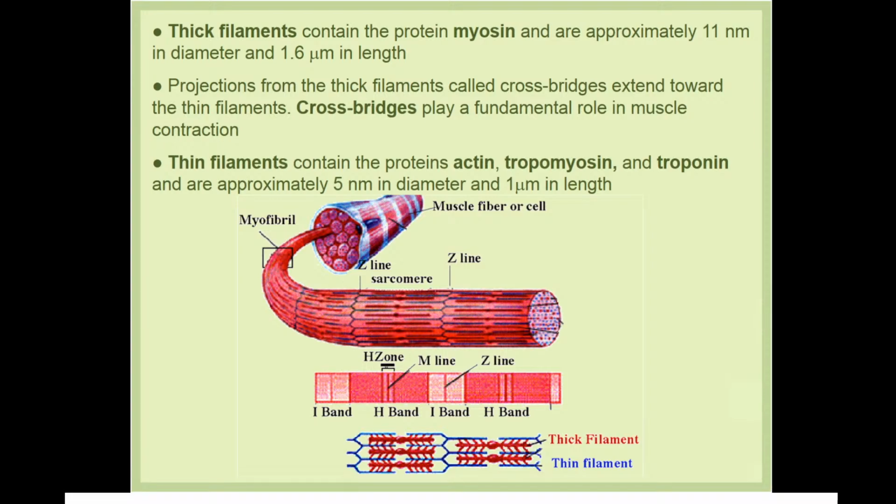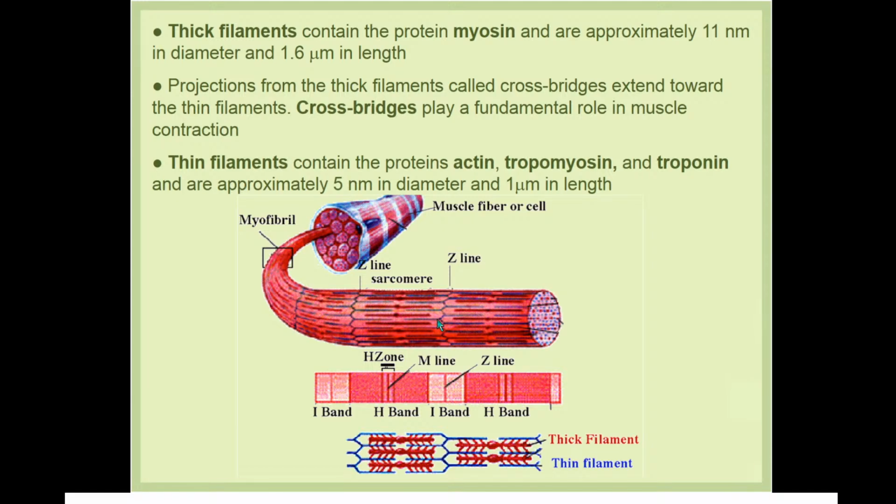One more time, let me illustrate these thick filaments that contain the protein myosin, with projections, and thin filaments containing actin, tropomyosin, and troponin. You can see this as the Z line.